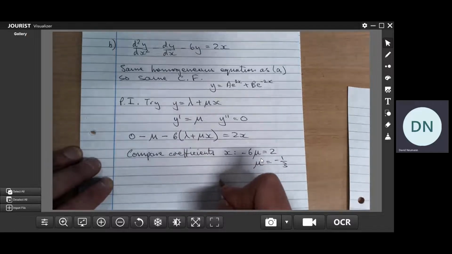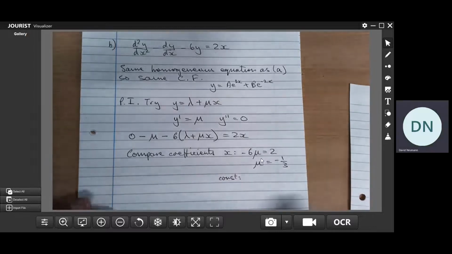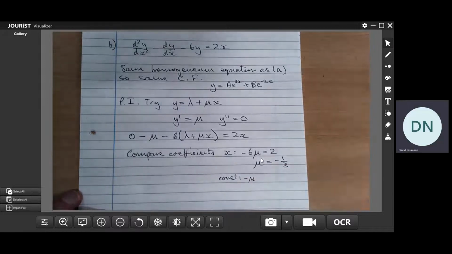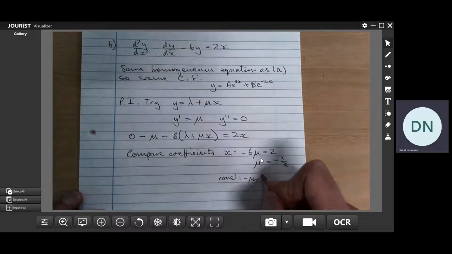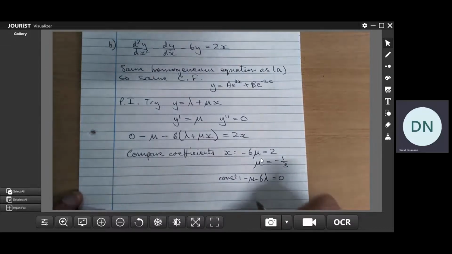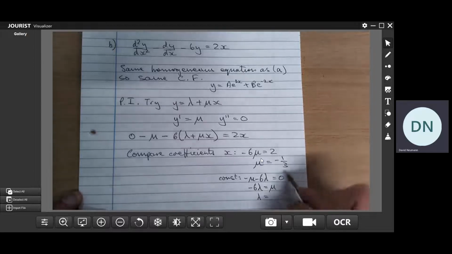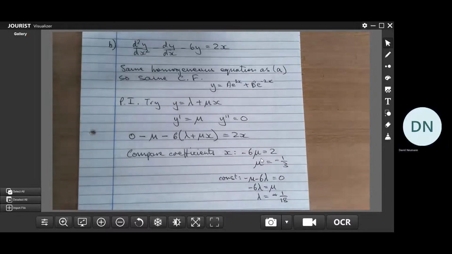And then constant: we've got minus mu minus 6 lambda equals 0, so minus 6 lambda equals mu, so lambda is mu divided by minus 6, so that's positive 1 over 18.